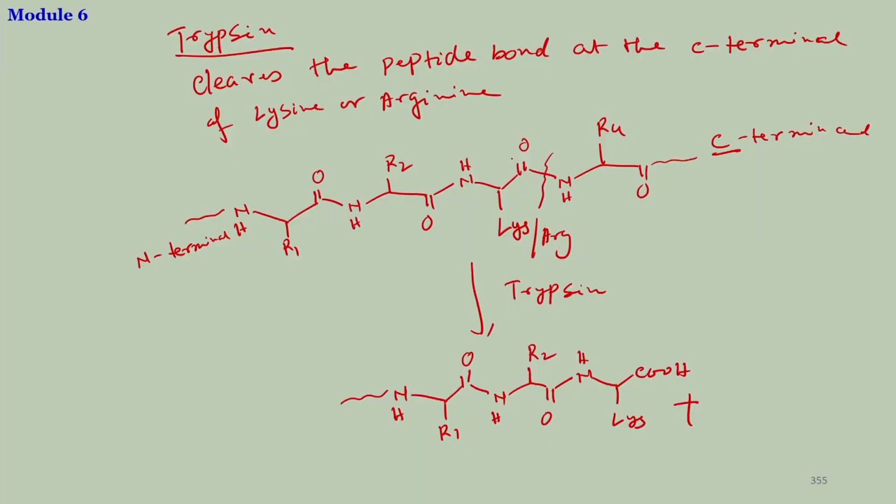One is this here, the other one is amine, R4, CO, and the rest of it. So this would be one fragment, this would be another fragment. That's how trypsin cleaves at a specific amino acid sequence in the protein.